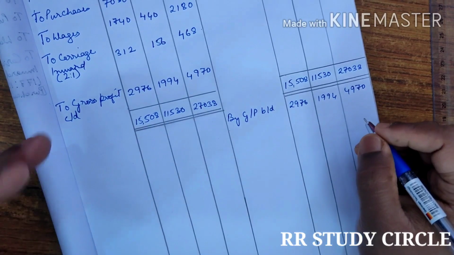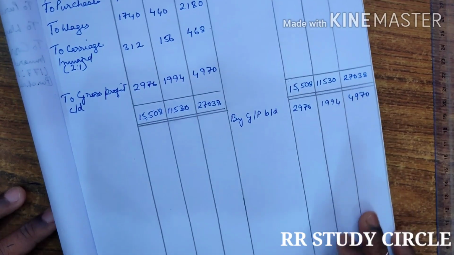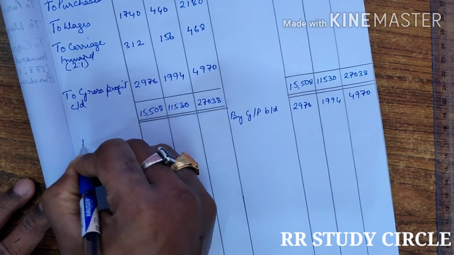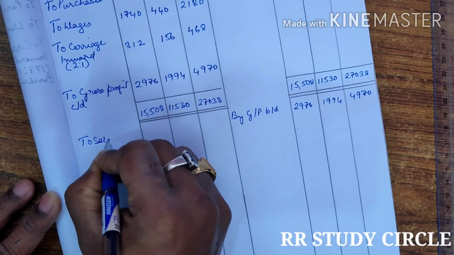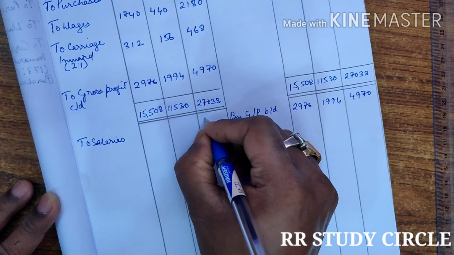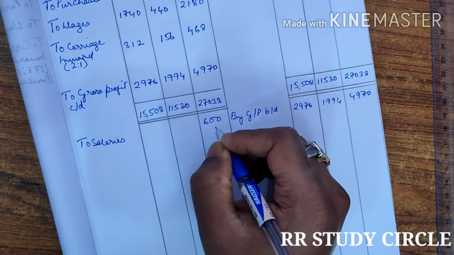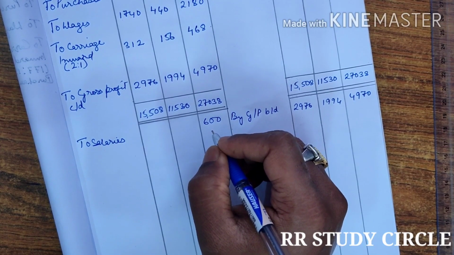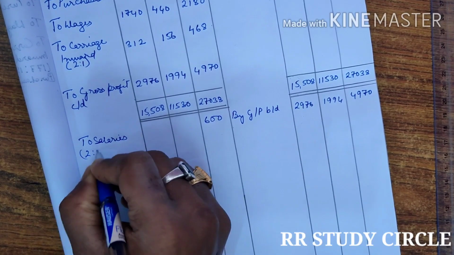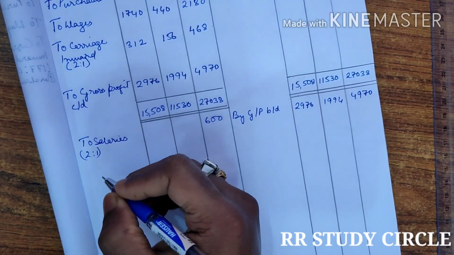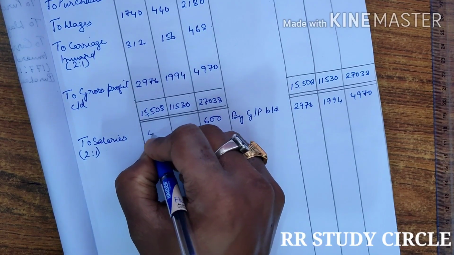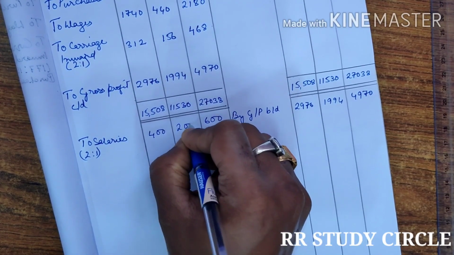Now we will bring all the indirect expenses which will come in your profit and loss account. First, salaries. Salaries is given as rupees 600. It has been said that salaries are to be apportioned in the ratio of 2:1, so it will come to rupees 400 and 200.